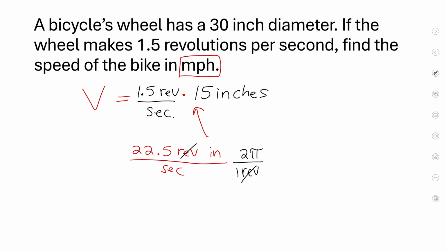I also need to get rid of inches because I want miles. This stands for miles per hour, MPH. So I need to get rid of inches. So inches will go on the bottom. There's 12 inches in 1 foot. I'm still not at miles. Do you guys remember from yesterday how many feet are in a mile?